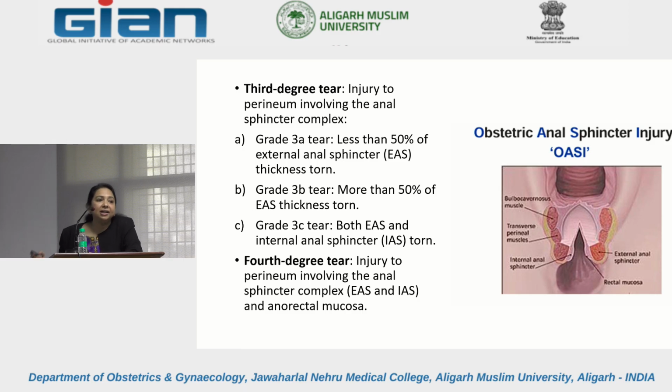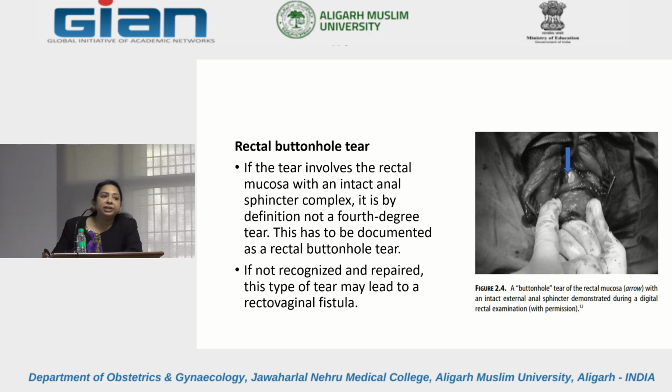So in a third degree tear of the sphincters, once the anorectal mucosa is involved, that becomes fourth degree. 3A is less than 50% of the external anal sphincter, 3B is more than 50%, and if the internal anal sphincter is involved, it becomes 3C. And fourth degree involves the anorectal mucosa. One more thing is the rectal buttonhole tear. Sometimes the sphincter may remain intact, and there is a tear only involving the vagina and the anorectal mucosa. That is a rectal buttonhole tear.